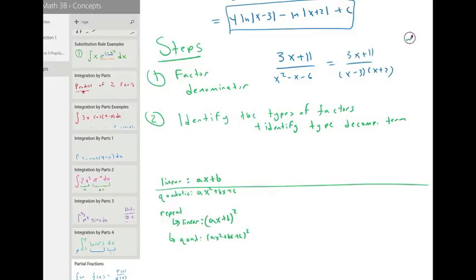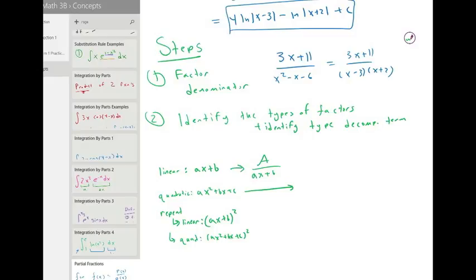So for linear, our decomposition term is going to be like this: a, which is some constant we don't know yet, over ax plus b, our linear factor.